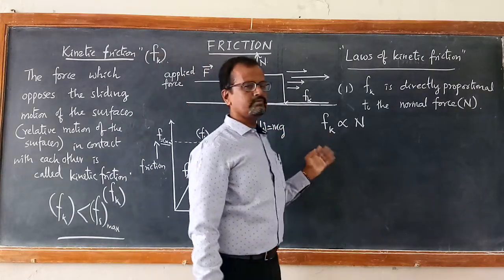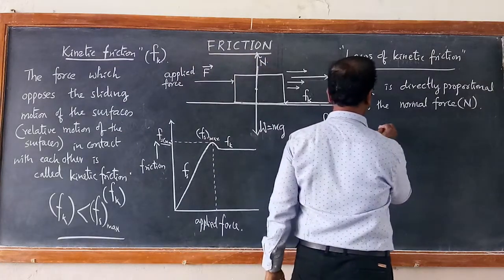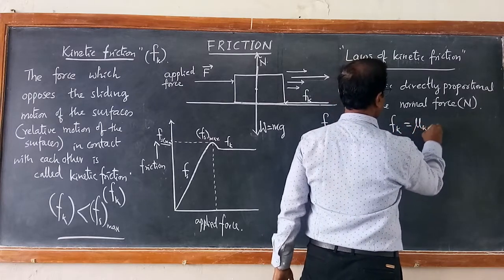The more the normal reaction, the more is the kinetic friction. If you take out the proportional sign, then Fk becomes equal to mu K N.